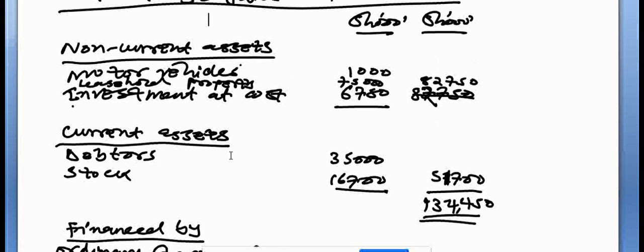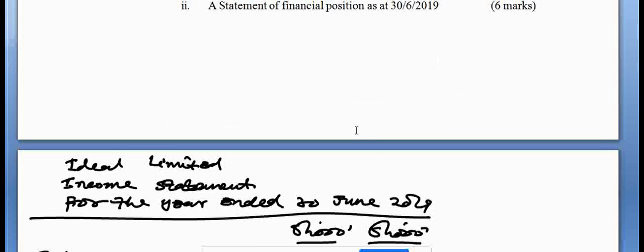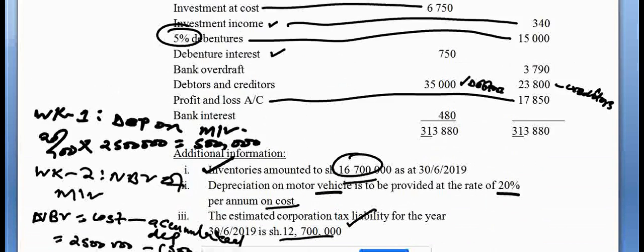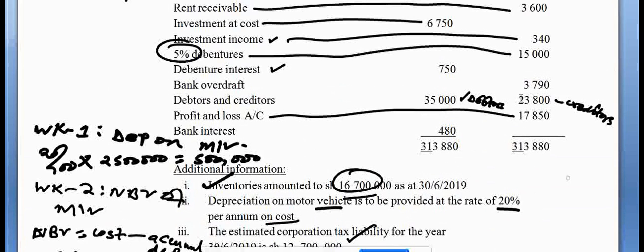So hebu tuone creditors ni wangapi. So creditors ndio hawa wako 23,800. Creditors ni 23,800 na bank overdraft ni 3790.